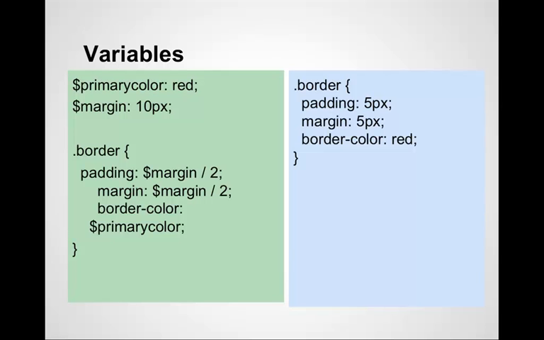In my example, I'm just using 2 of those, but I still have those variables at the top. I'm creating a border class, which in this instance has a padding of my margin variable divided by 2. It can do simple math, which is really cool. And then also a margin of the same.